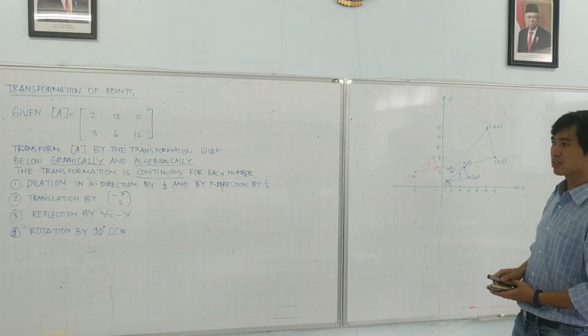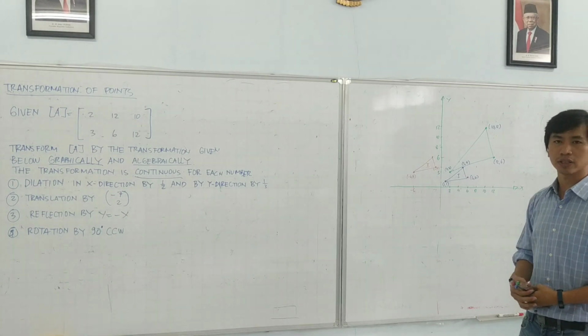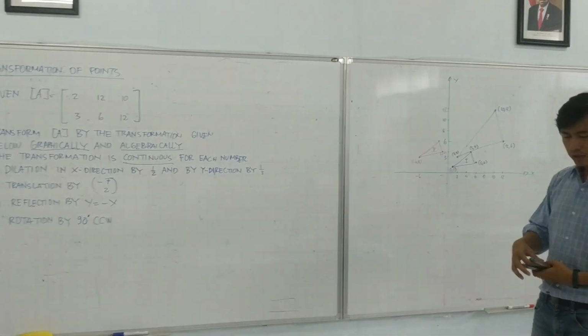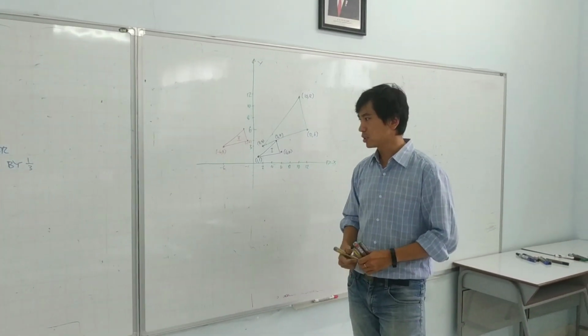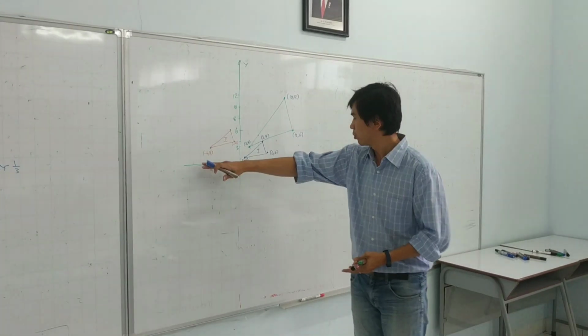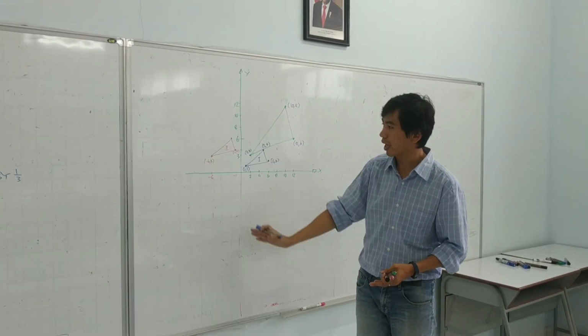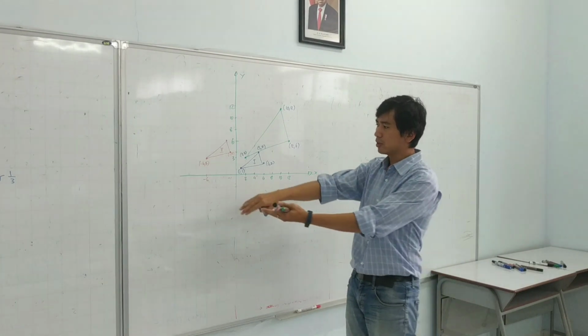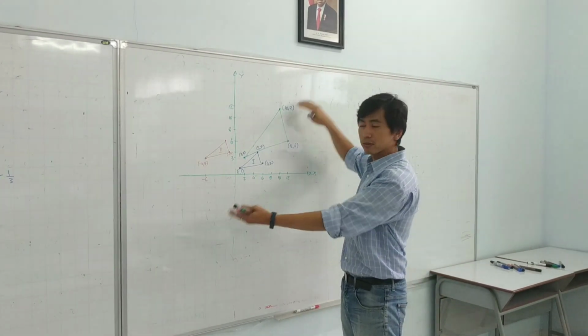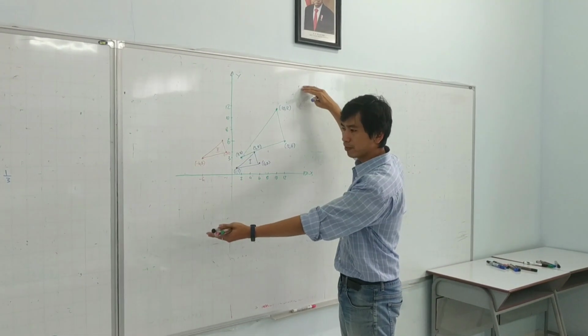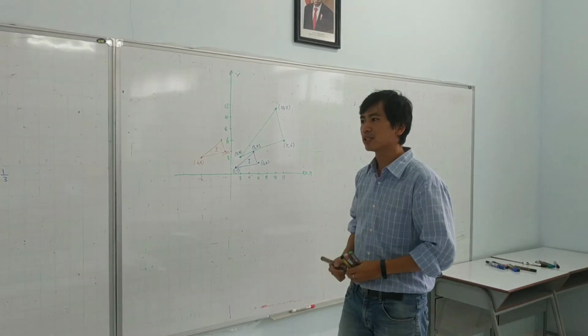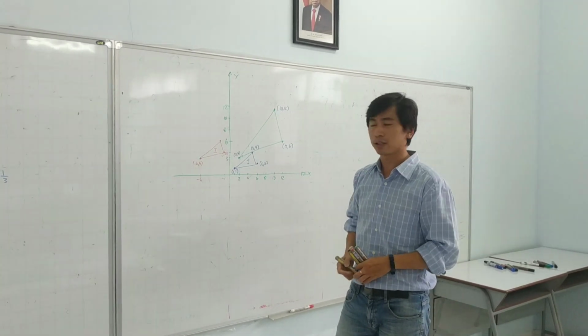The next one is reflection by y equals negative x. As I already explained, there are many reflections. It could be to the x-axis, to the y-axis, or to y equals x. Y equals x will be this one, but now it asks you to reflect to y equals negative x.